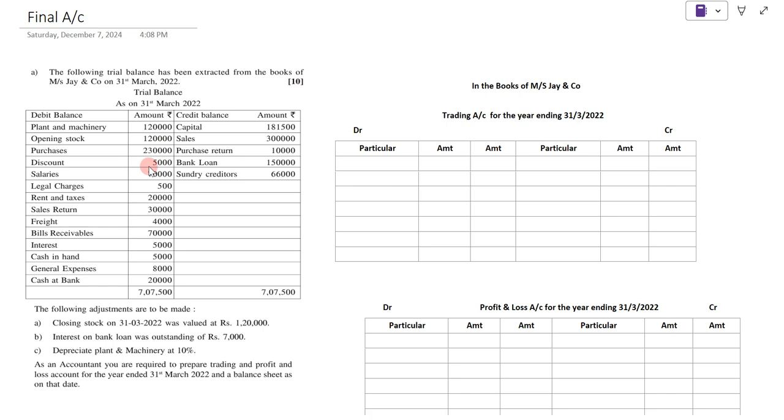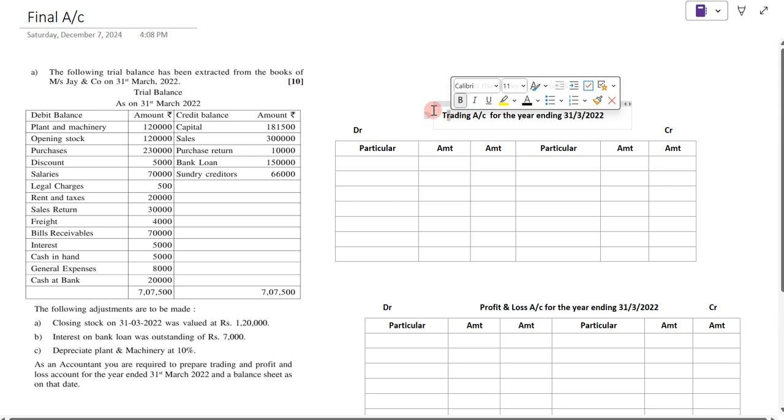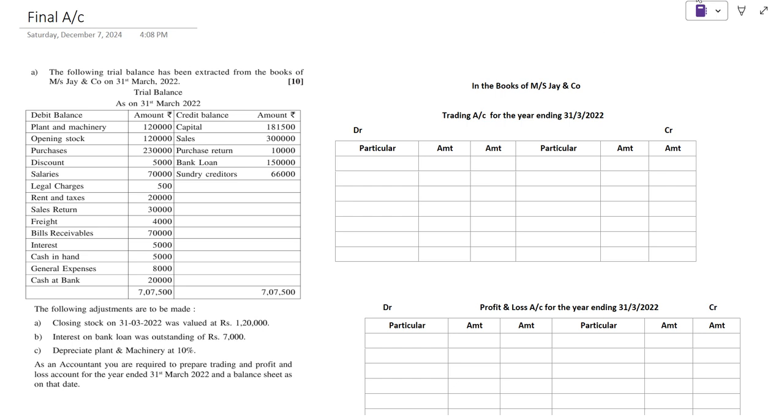So first we will mark plant and machinery. Plant and machinery is an asset, so plant and machinery will go in assets.